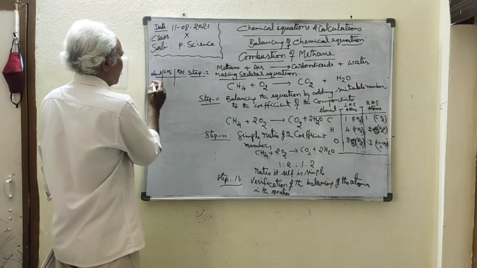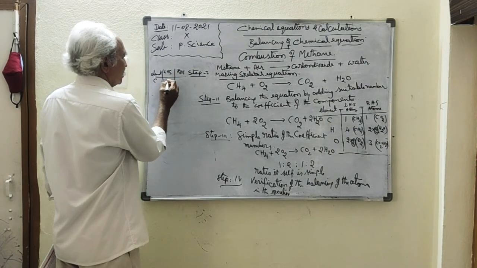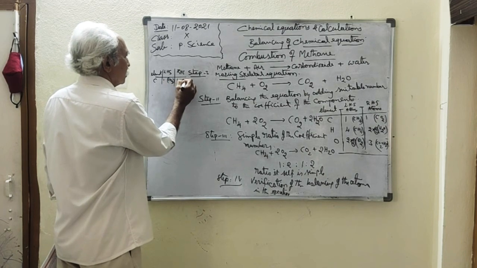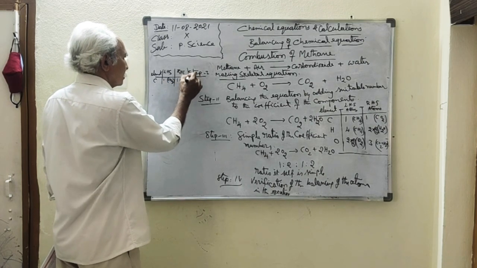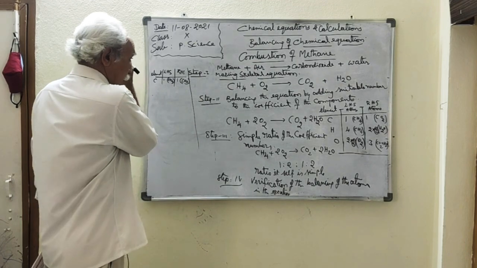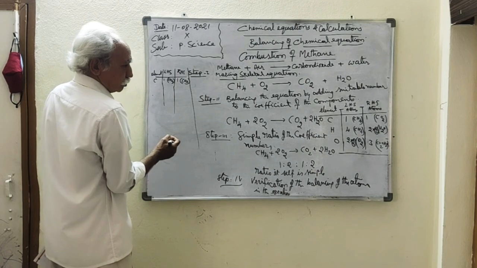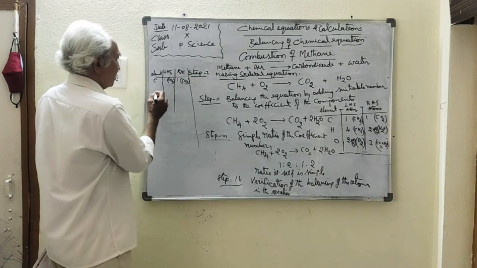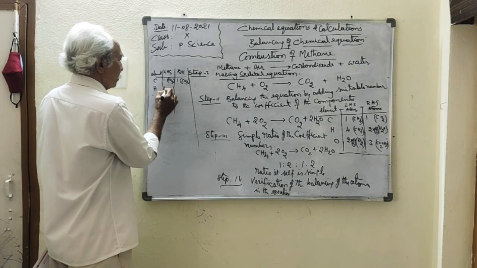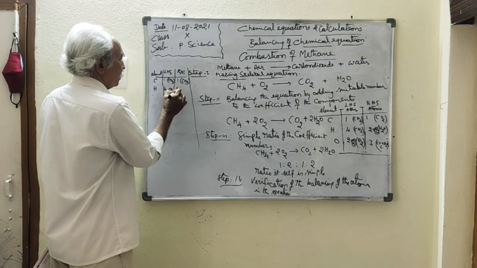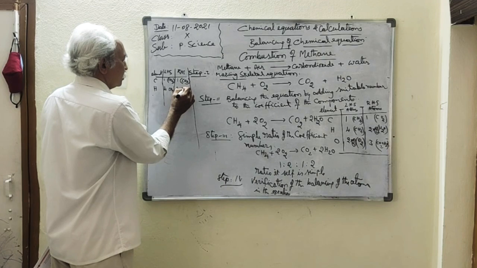So you take carbon: 1 in CH4, 1 in CO2. The second one is hydrogen. Hydrogen atoms are 4 in CH4, and 4 in 2H2O.